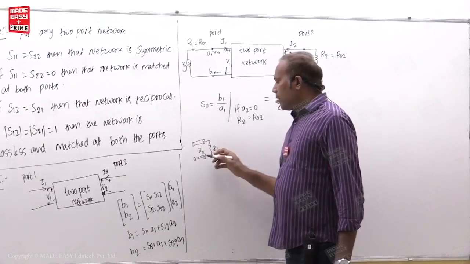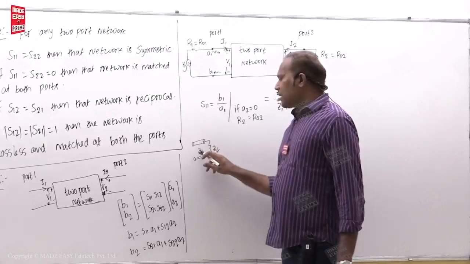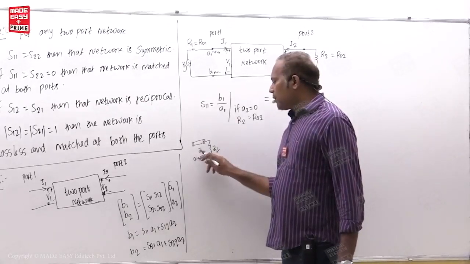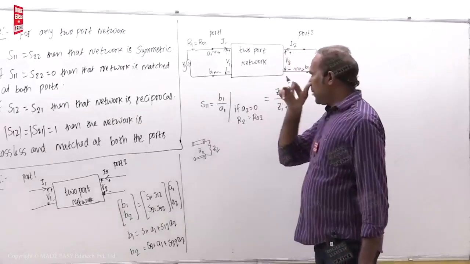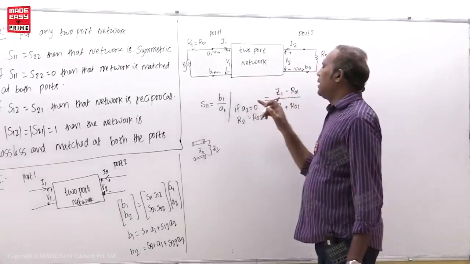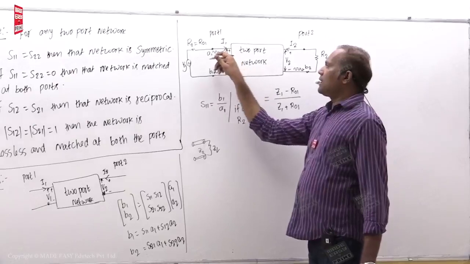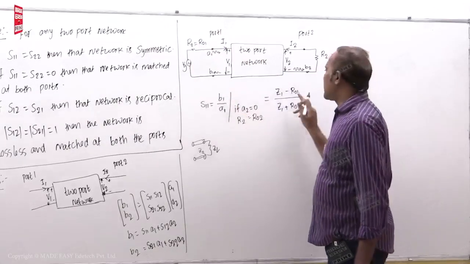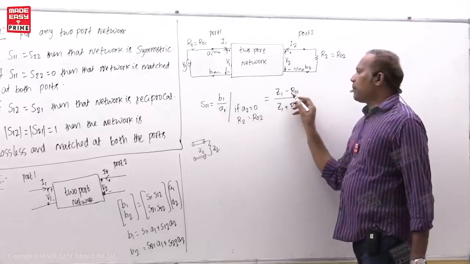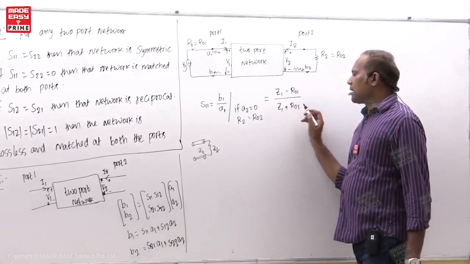That means the transmission line having characteristic impedance Z0 is feeding energy into this. So ZL minus Z0. Similarly, here the input impedance is Z1 and you are feeding energy into Z1 from the source having impedance R01. So Z1 minus R01 divided by Z1 plus R01.